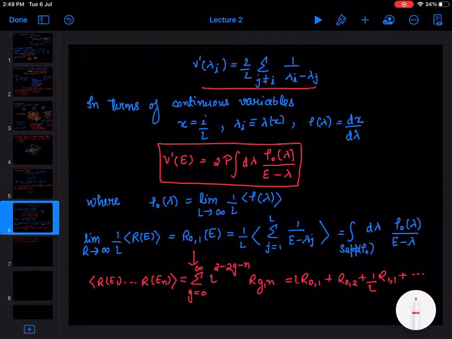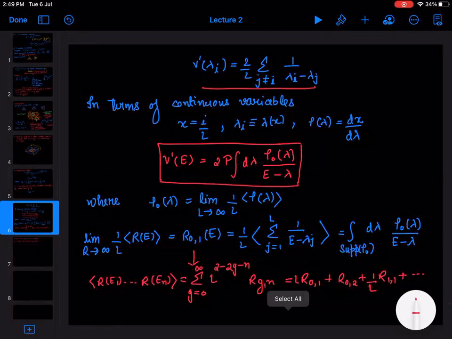Since we are dealing with a large L limit, we have a large number of eigenvalues, so we introduce a continuous variable x, which is i over L, and we wrote our saddle point equation in integral form. Here P denotes the principal value integral, and rho naught is the large L limit of the eigenvalue density.